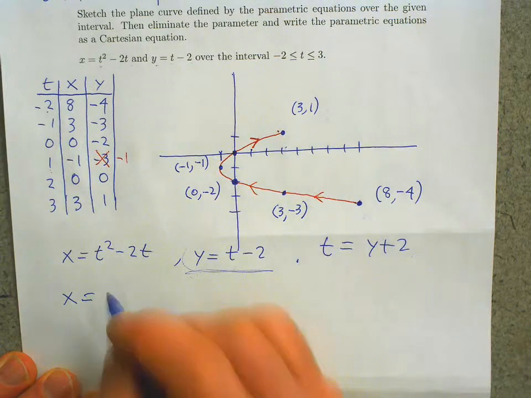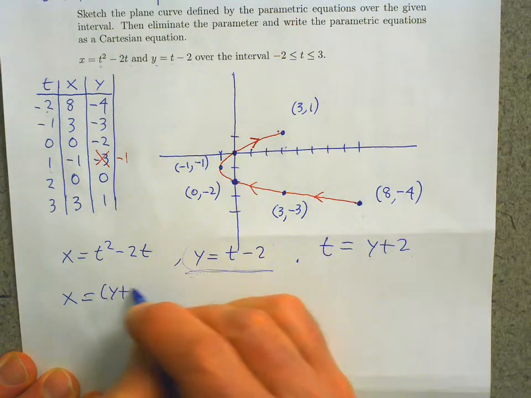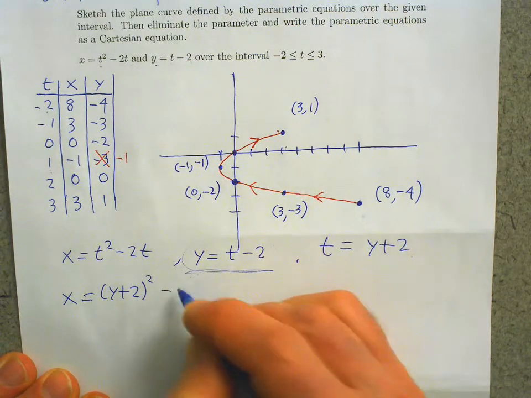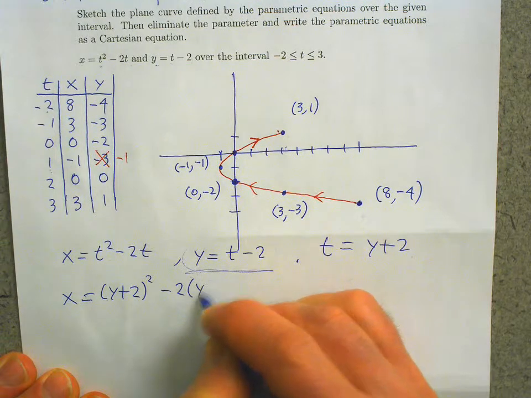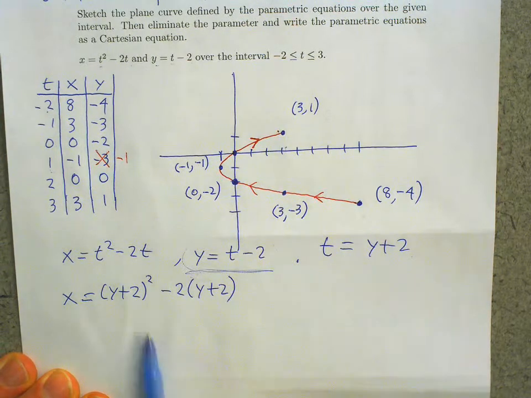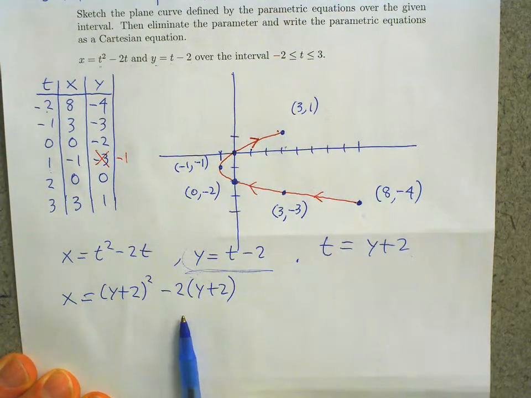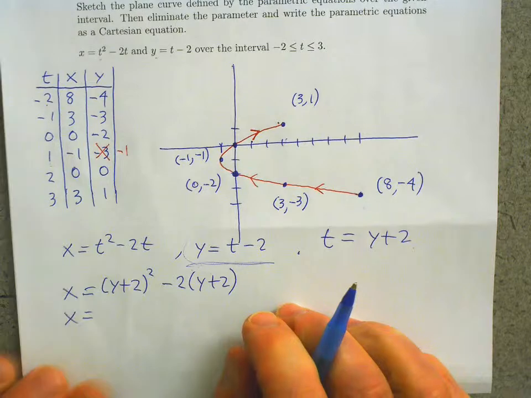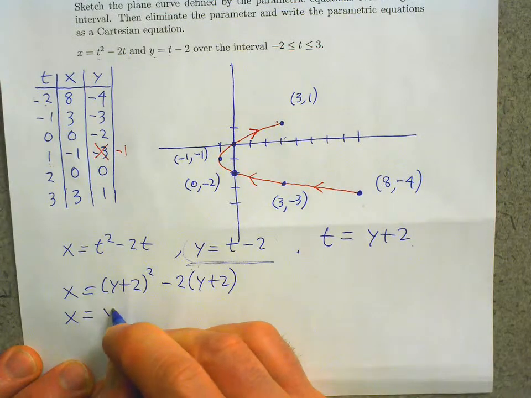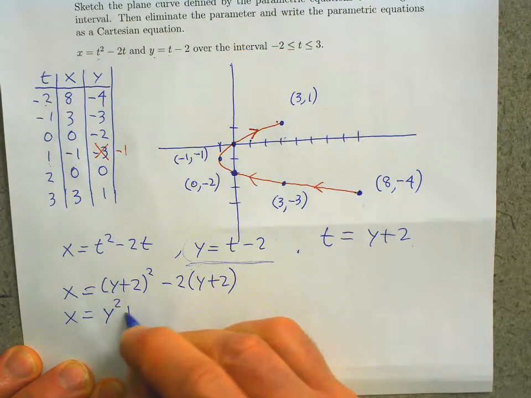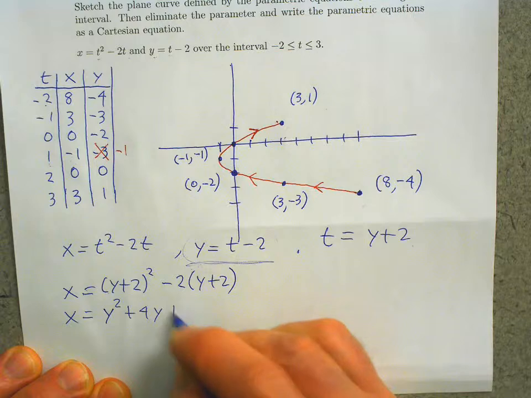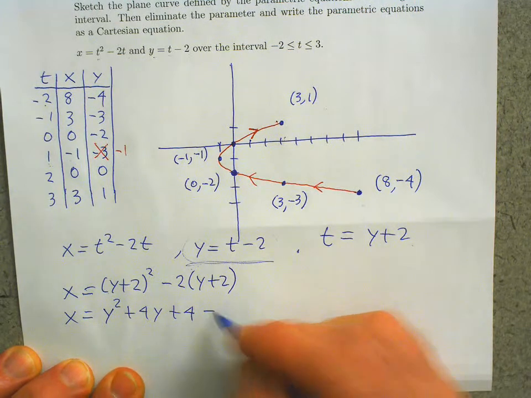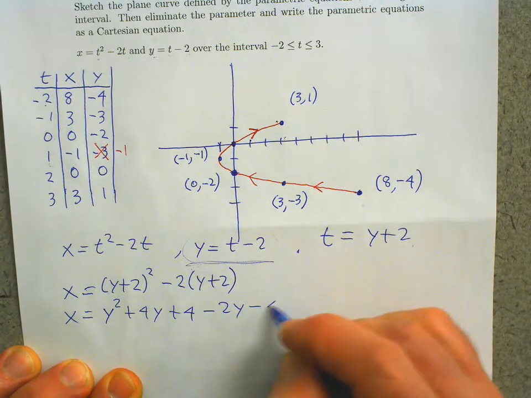So x equals the quantity y plus 2 squared minus 2 times y plus 2. Then we do the algebra and arithmetic. So we get x equals, when we square y plus 2, we get y squared plus 4y plus 4, then minus 2y minus 4.